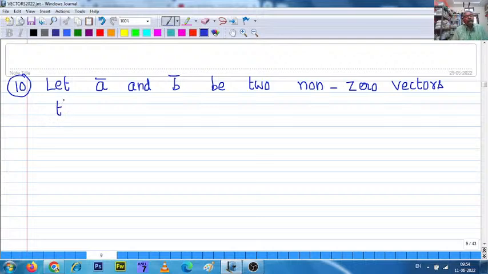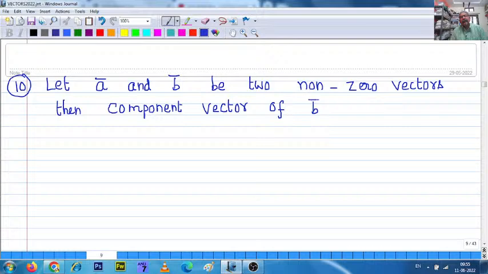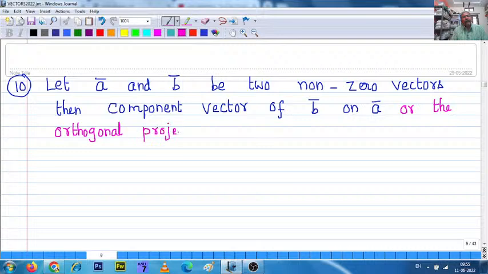Then the component vector of b bar on a bar, or this is also called the orthogonal projection of b bar on a bar.